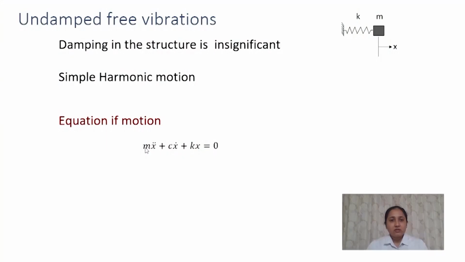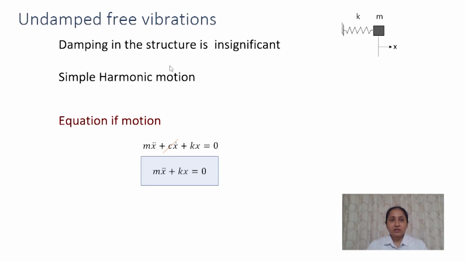So now let's look at the equation of motion. This is the equation of motion of a free vibration system. mx double dot plus cx dot plus kx is equal to 0, because there's no force acting on it. Now when we assume that the system is undamped, that means the damping is 0.